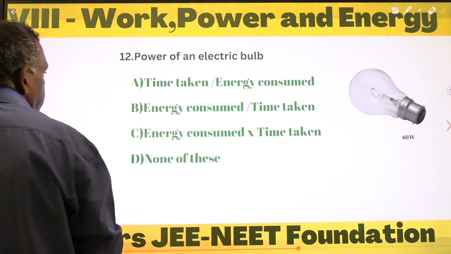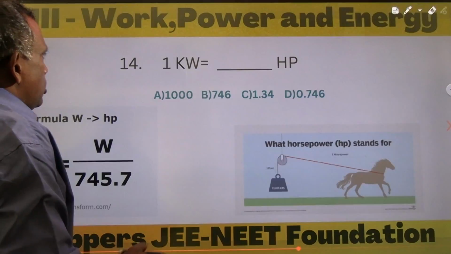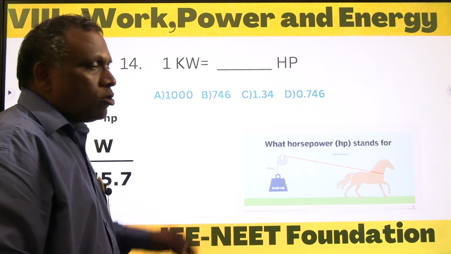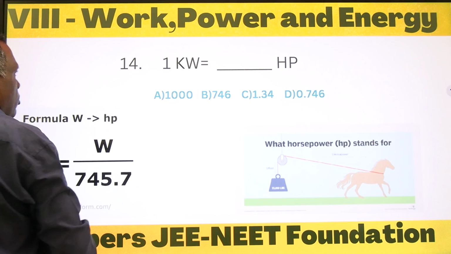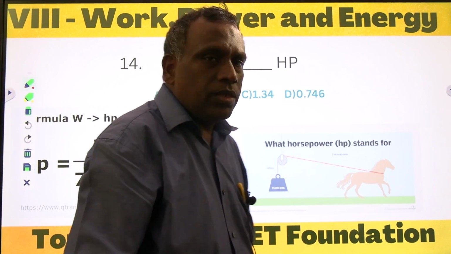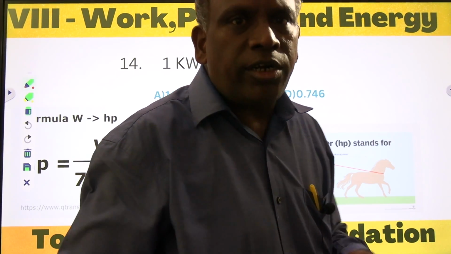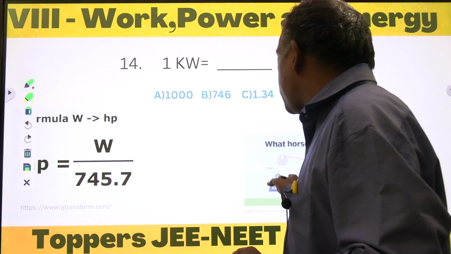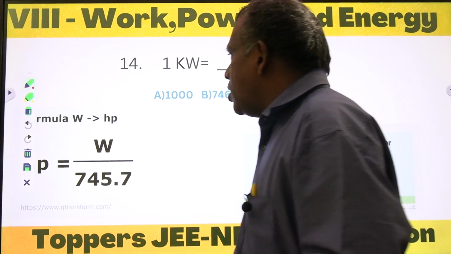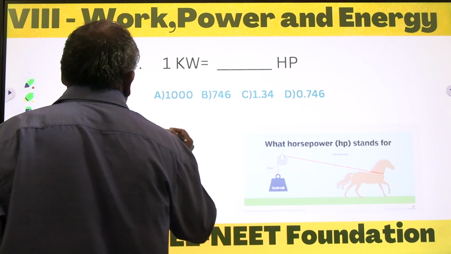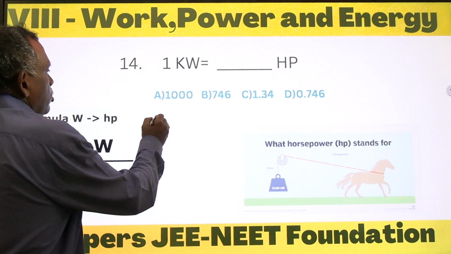The next question, that is the 14th question. 1 kilowatt is equal to dash horsepower. Horsepower, you know, is a unit of power. Horsepower, kilowatts and watts are units of power. 1 kilowatt is equal to how many watts?